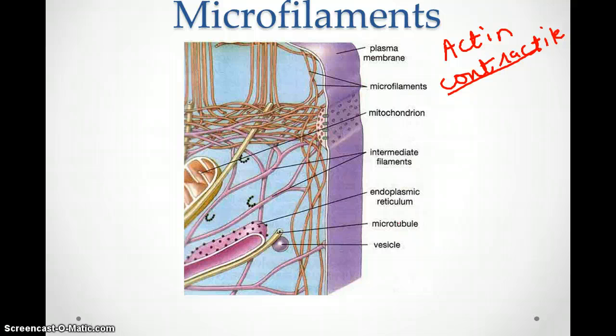It's a type of protein that can get really tight and then get really loose, and its function in the microfilament is to create the structure of the cell. So microfilaments give structure to the cell, and they're made out of actin.